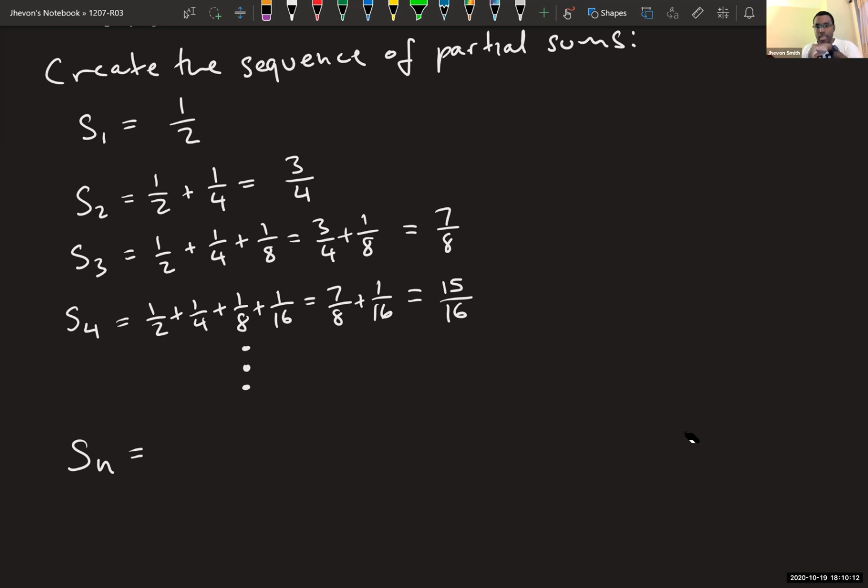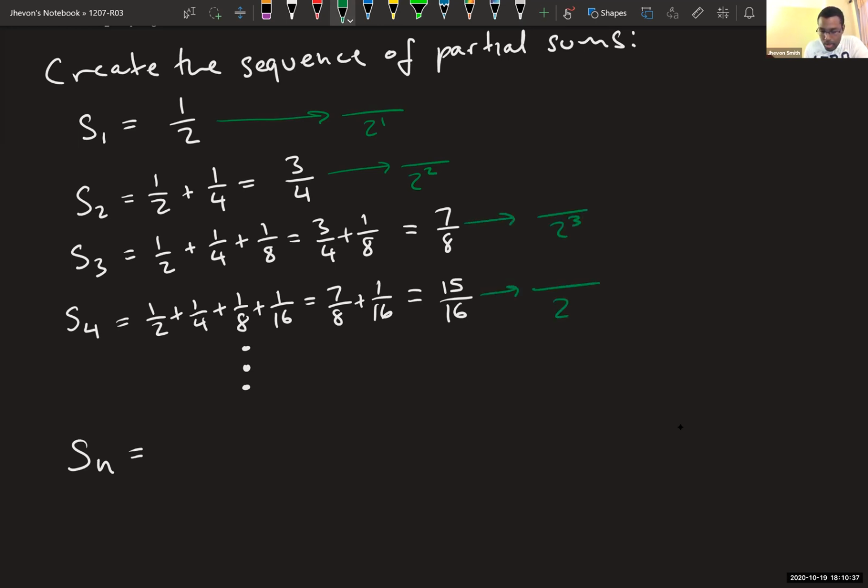So I see a comment in the chat here: 1 over 2 to the n. So they notice that the denominator is a 2 to the n. There's a pattern, right? Notice here, the denominator, this one is what? 2 to the 1, where the denominator here is 2 to the 2. Denominator here is 2 cubed.